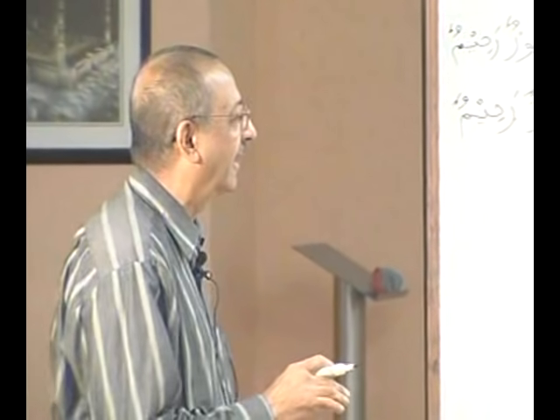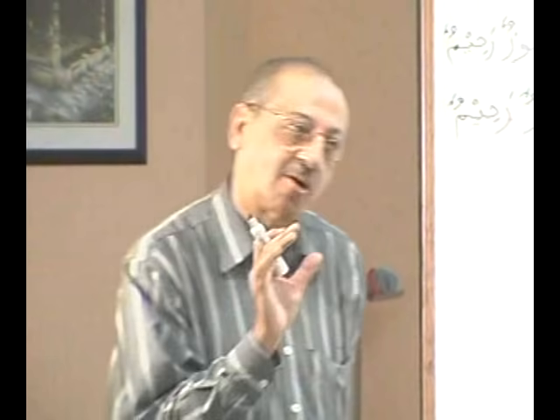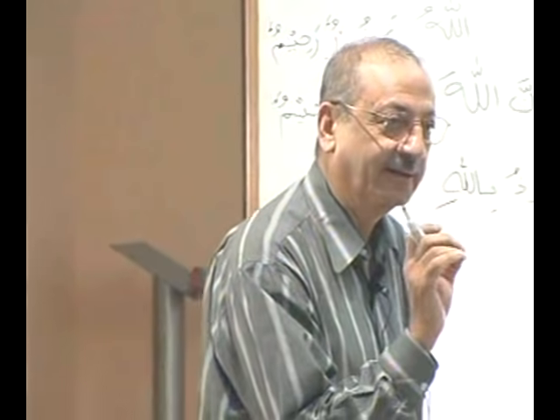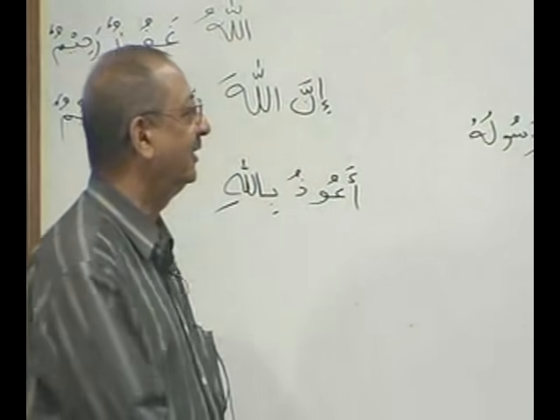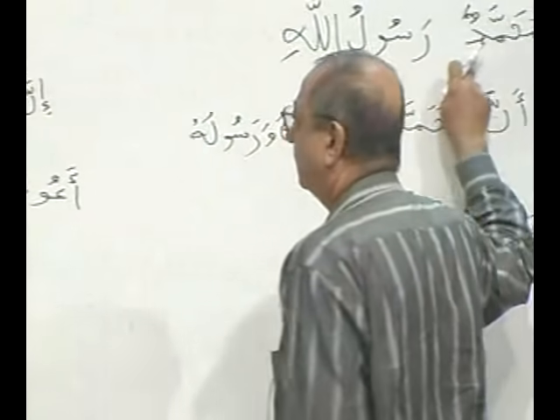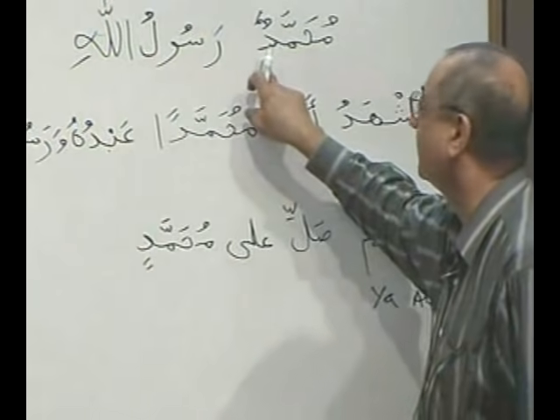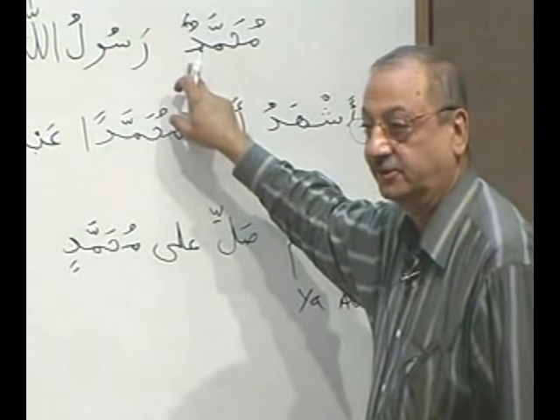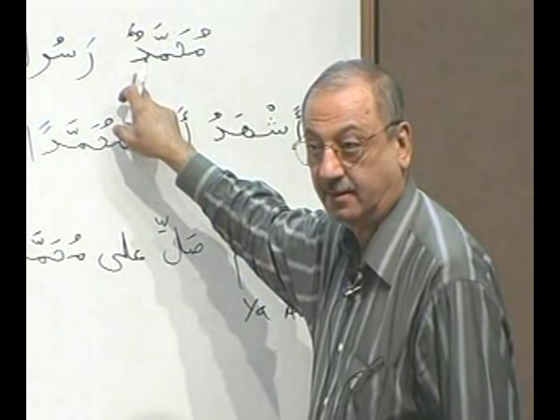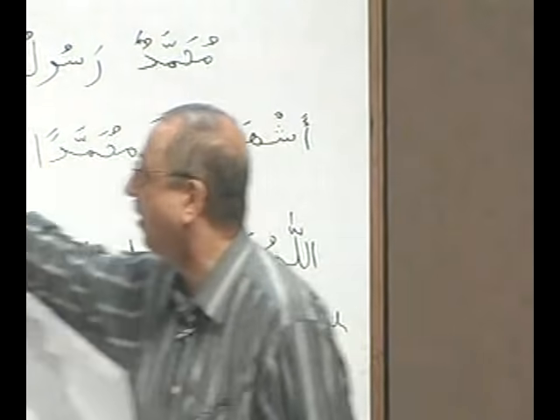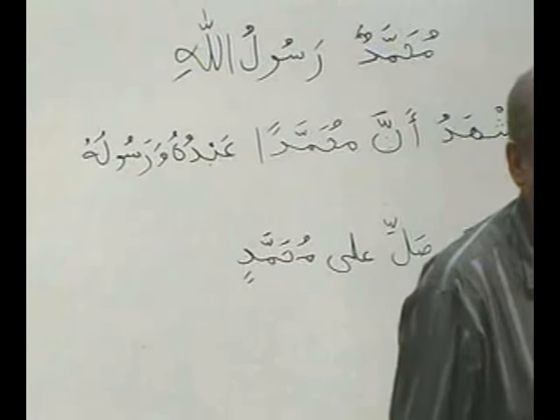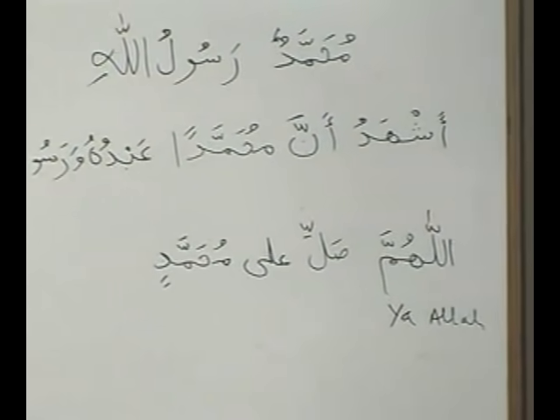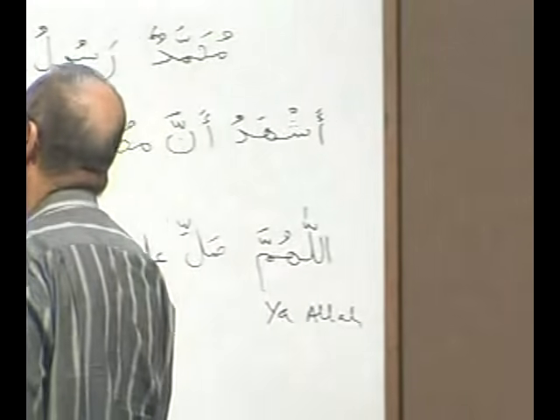We are going to learn about that. Okay? And let's learn the terminology now. The terms. If the noun, brothers and sisters, look carefully. If the noun ends with a dhamma, be it a tanween or a single dhamma, it is called marfu.